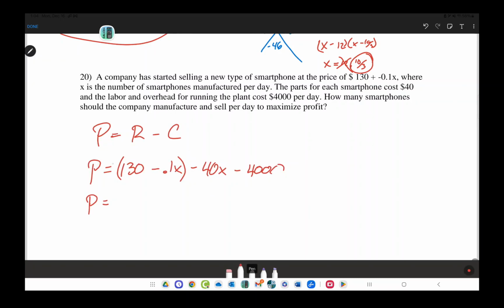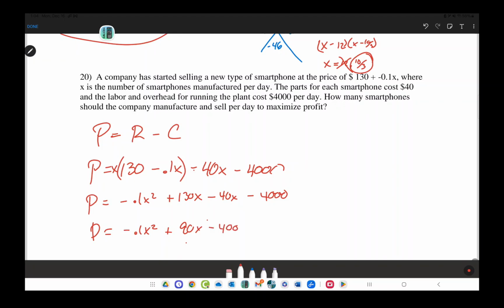Yeah, that's what I'm thinking. So that gives you negative 0.1x squared plus 130x minus 40x. That's better. So profit is negative 0.1x squared plus 90x minus 4,000.